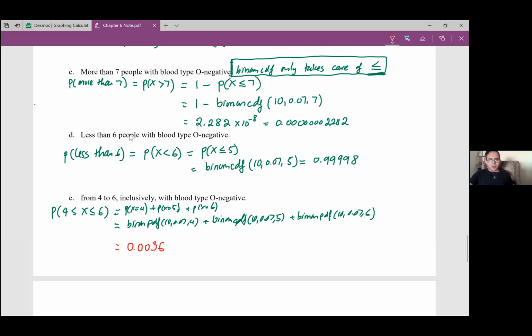Just to be clear, the formula that we use to do it by hand would only work if we need the PDF function on the calculator. If we need the CDF, that's a formula that we haven't learned yet. So if you want to do a CDF calculation, when you think of the logic, let me show you this real quick.